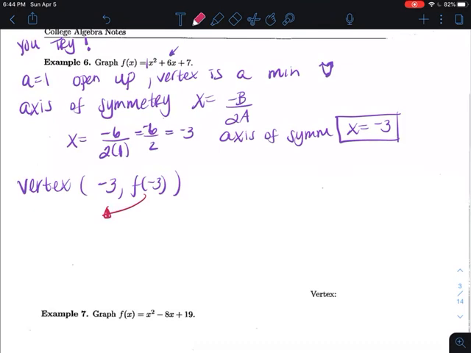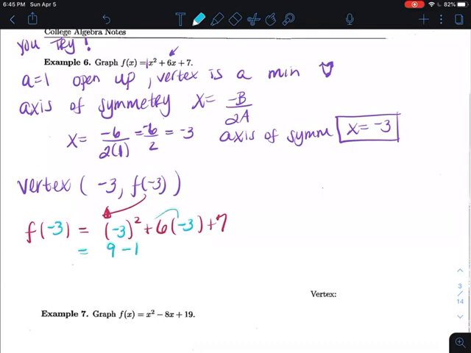To find f of negative 3, you use the original equation. f of x equals, everywhere I see an x, I'm putting in a blank set of parentheses. And inside the parentheses, I'm putting negative 3. You only simplify the right side. Negative 3 squared is 9.